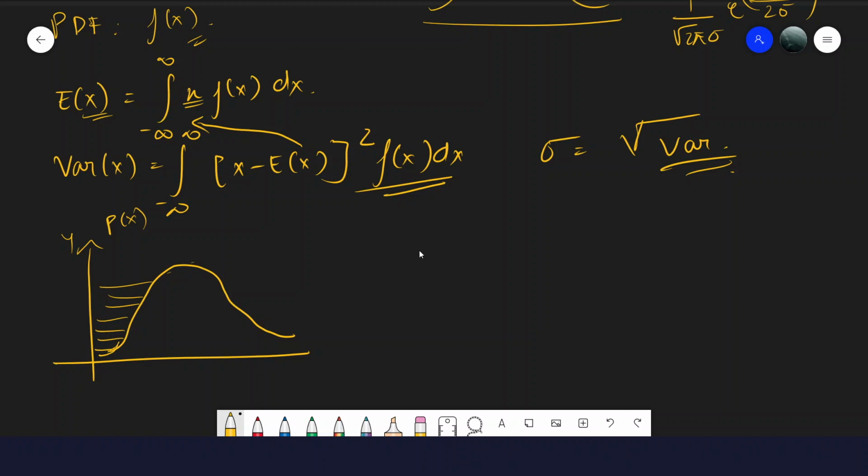Because according to the laws of probability, the sum of all the probabilities has to be equal to 1.